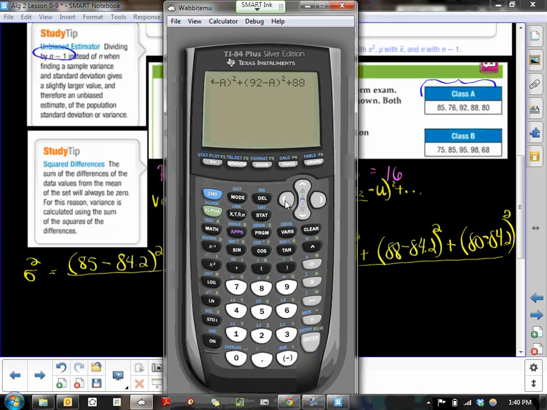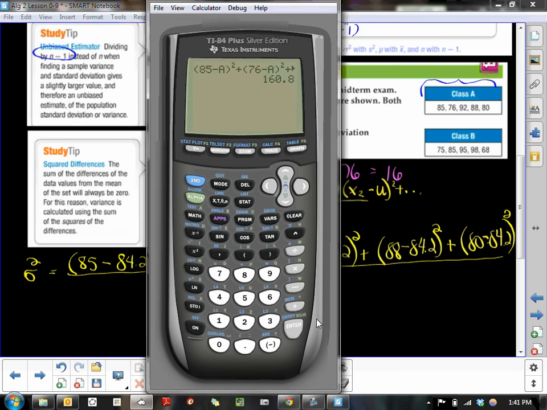And once again, I forgot the parentheses. 88 minus the average, squared, and then plus our final one, which was 80. Three out of three, I forgot the leading parenthesis. 80 minus our average, and then squared. I'm just going to get that sum, which is 160.8.